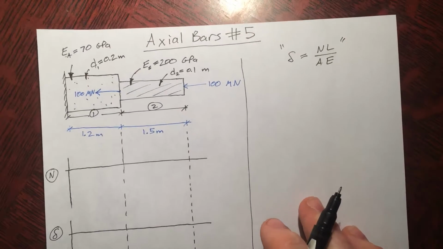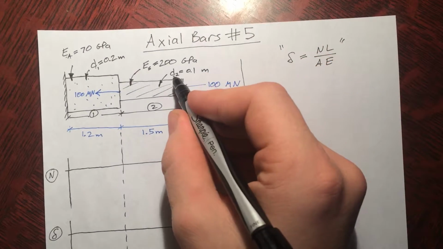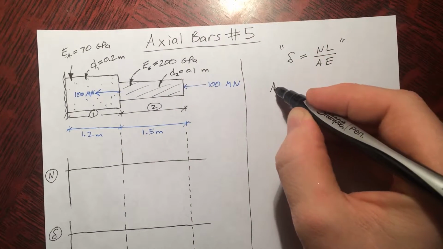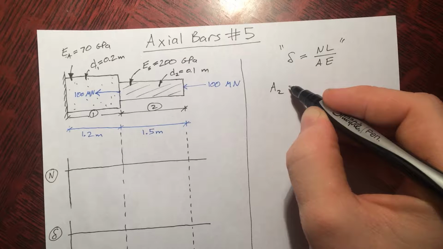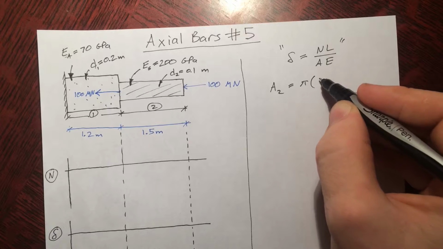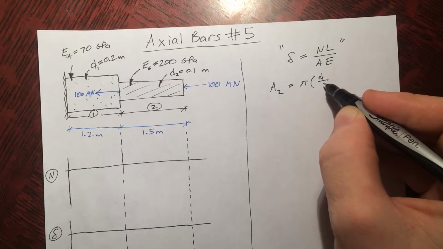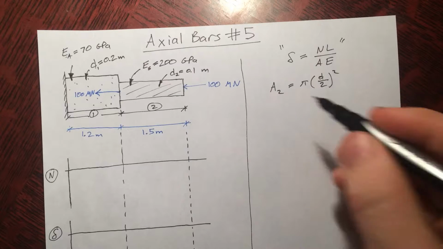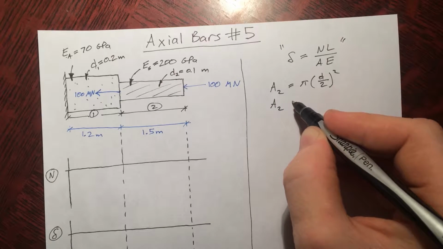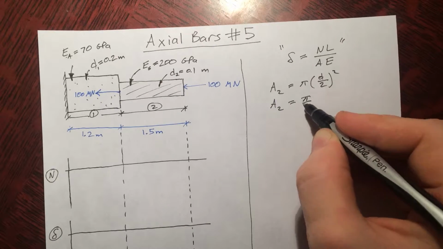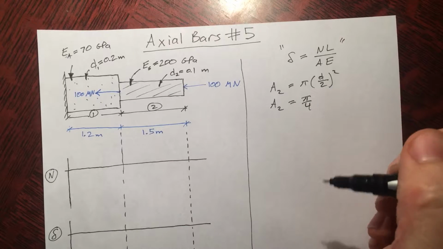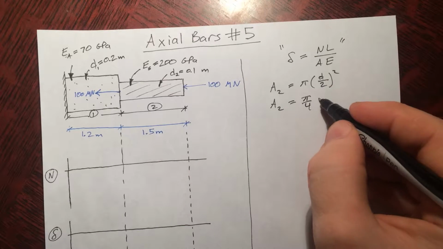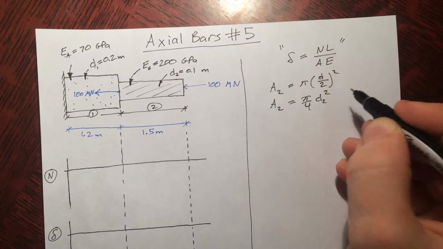So let's go ahead and calculate these areas. We know that the area of this second piece, A2, is going to be pi r squared. So pi, we're given the diameter, the radius is the diameter over 2, squared. That goes to A2 equals pi over 4, because this 2 squares to the 4 down there, you pull the 4 out, and then d2 squared.